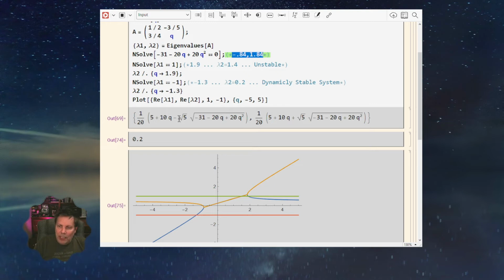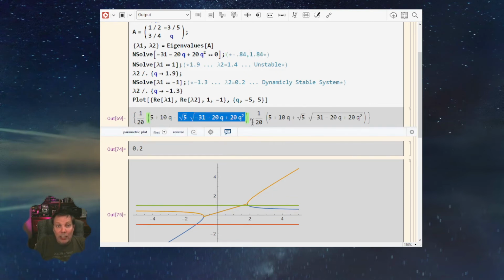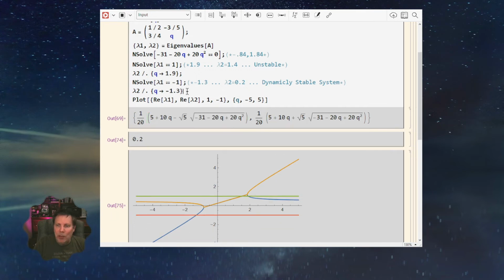Well, that means this part right here, the stuff I have highlighted, produces the i, the square root of negative 1 part. And don't forget about the 1 over 20, you can easily miss that. This part right here with the 1 over 20, that's my imaginary part of all of this.